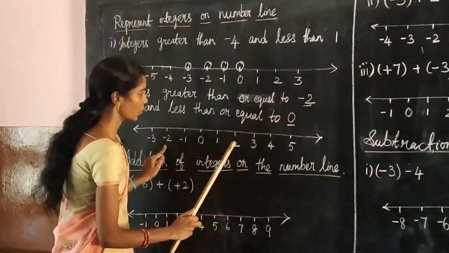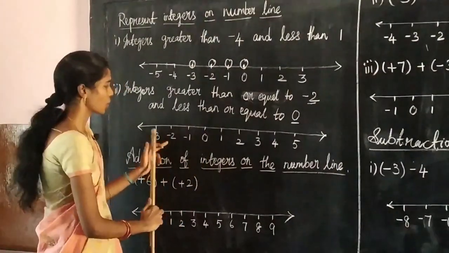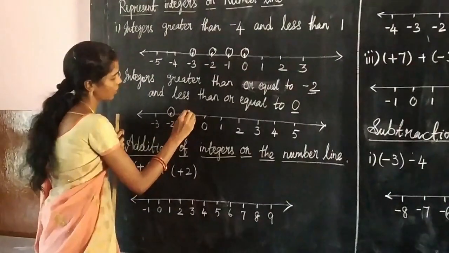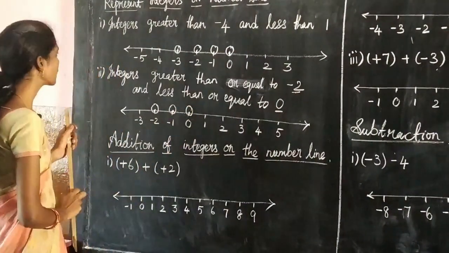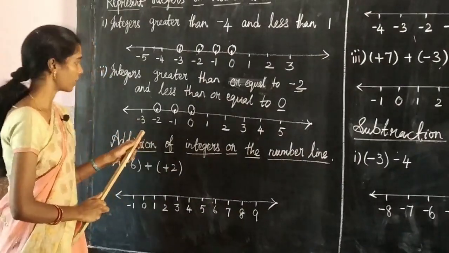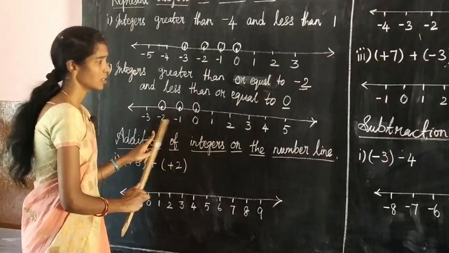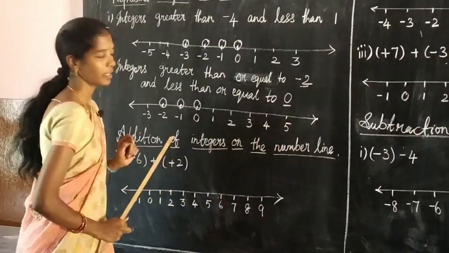Then 0 is here, left side of 0. So, these three numbers -2, -1 and 0 are the integers greater than or equal to -2 and less than or equal to 0. Next, addition of integers on the number line.